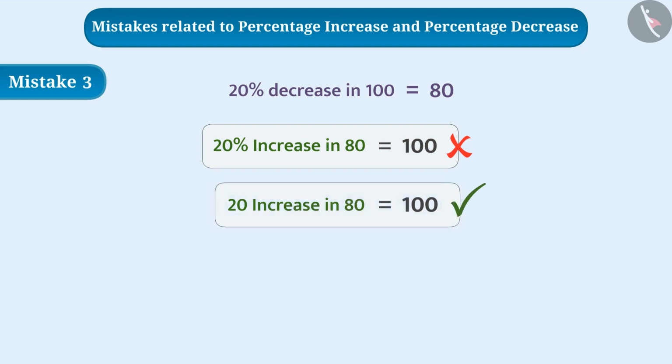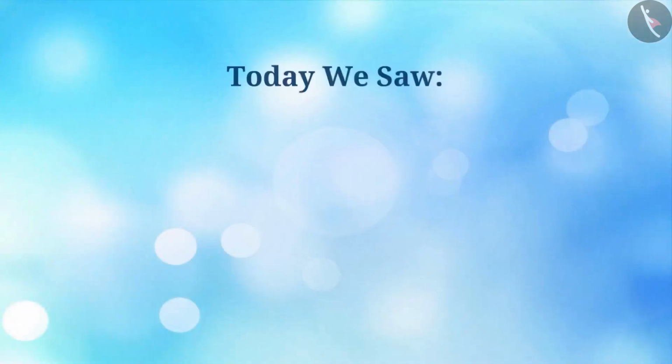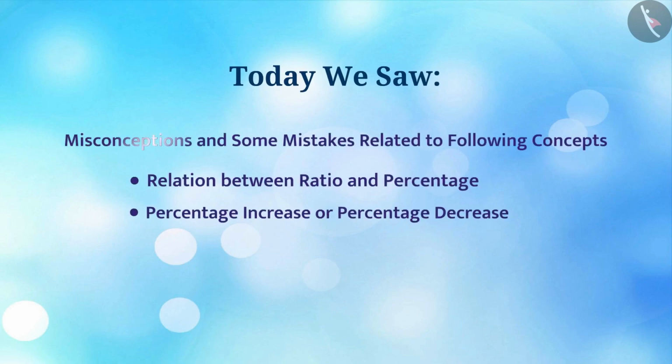But here, the base will be 80 because the increase is in 80. Therefore, the percentage increase will be 20 divided by 80 multiplied by 100, which is equal to 25%. Today we saw misconceptions and some mistakes related to the following concepts.